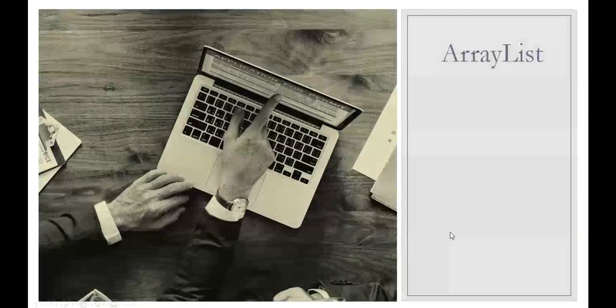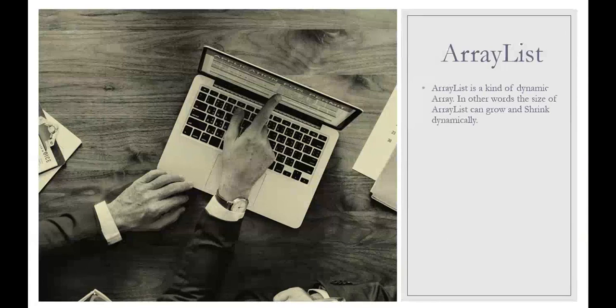Okay, array list. Right now we learned array list. So array list is a kind of dynamic array. In other words, the size of array list can grow and shrink dynamically, which we saw already. Array list has two main properties, count and capacity. Capacity will be increased in multiples of 4. Initially, if there is no element in your array list, the capacity and the count, both values will be 0.